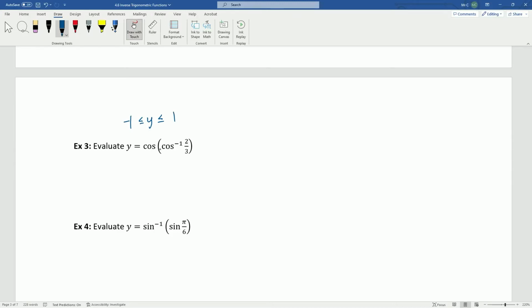And I look at cosine of cosine inverse of 2/3, and I just ask myself, is 2/3 between -1 and 1? It is, so this is just 2/3, right? This is f inverse of f of x equals x, or f of f inverse of x equals x, right? When I compose inverse functions, I always get back x.